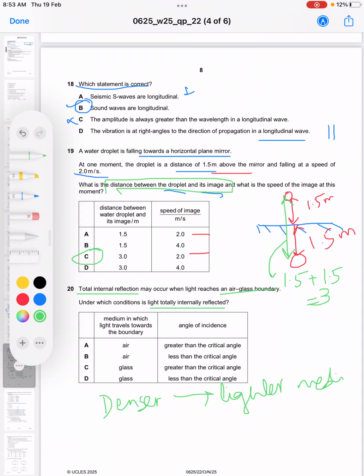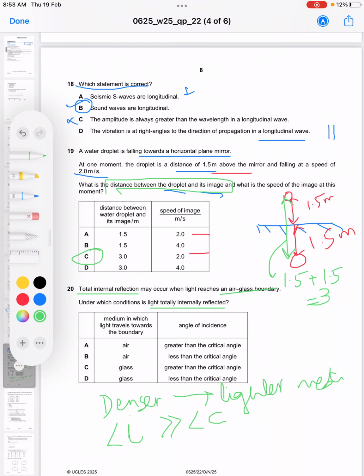And one more condition is that the initial angle must be greater than the critical angle, right? The medium in which light travels towards the boundary must be glass, right?